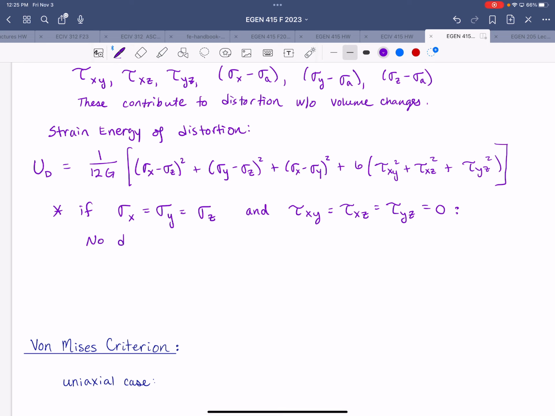Then you have no distortion, only the hydrostatic state. Which of course means that the strain energy of distortion is equal to 0.